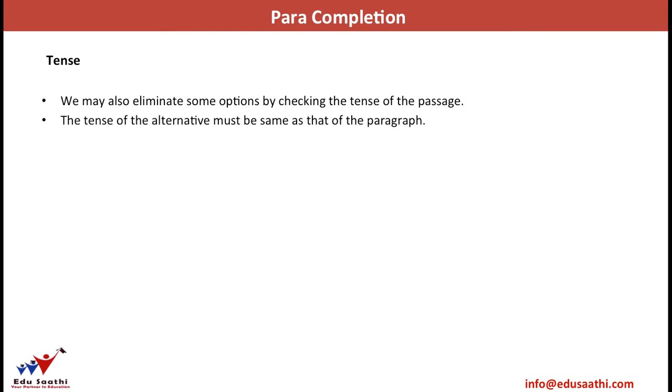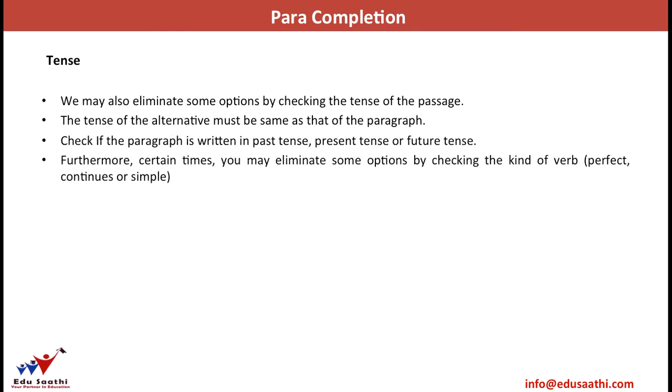So you just need to check what is the tense used in the passage and what are the tenses used in the alternatives, and the tense that matches would be the correct option, or the tense which does not match would be removed from my alternative list, right? So just check the tenses and find whether they fit in as the perfect option or not.